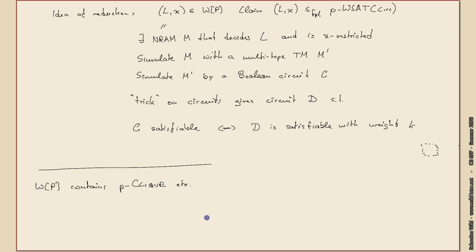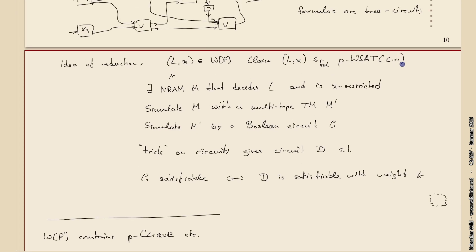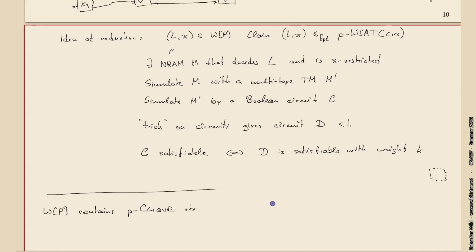But it seems that we cannot actually reduce this problem p-sat circuits to p-clique. In a way, the circuits are too powerful, and this WP-complete problem is too powerful to be simulated with something like p-clique. If you were wondering how to do that, I guess it's subject to some complexity theory assumption. It isn't possible.